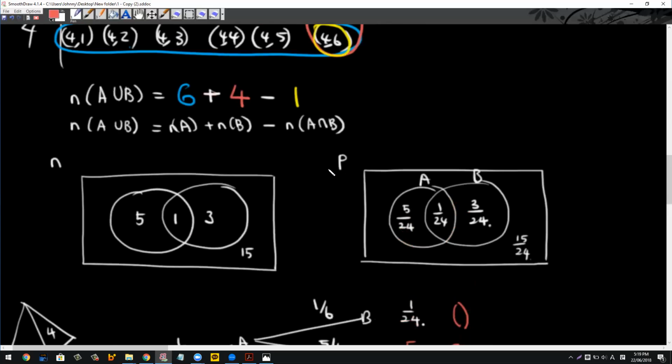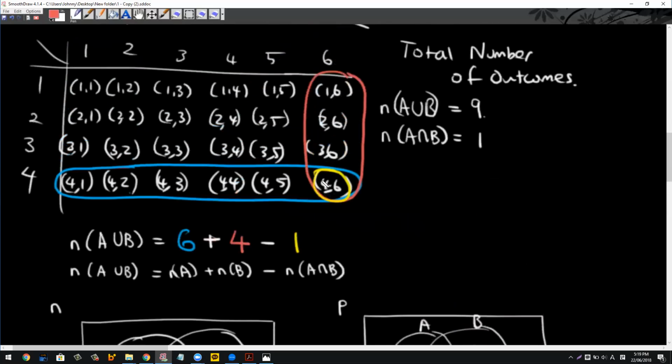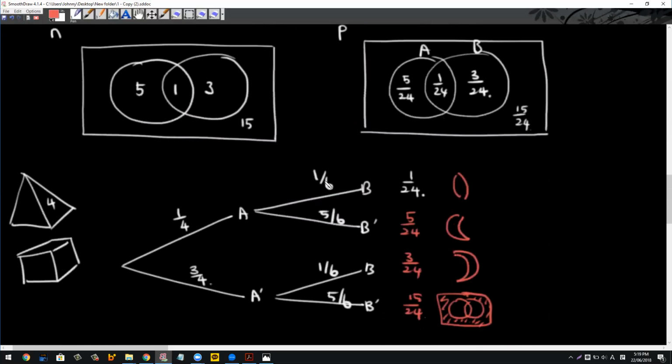Now, I can ask you this question. Are event A and event B independent of each other or dependent on each other? I want you to think about that for now. Are they independent events or dependent events?